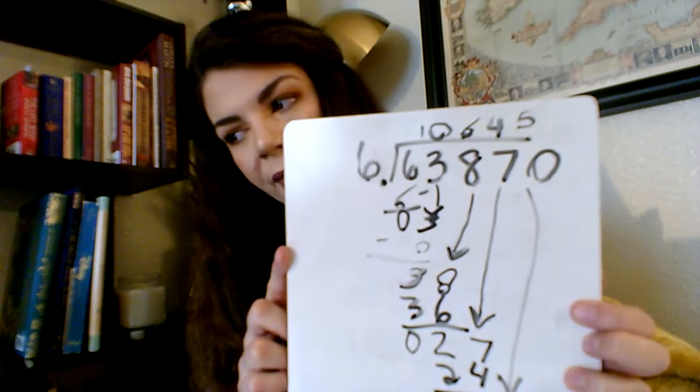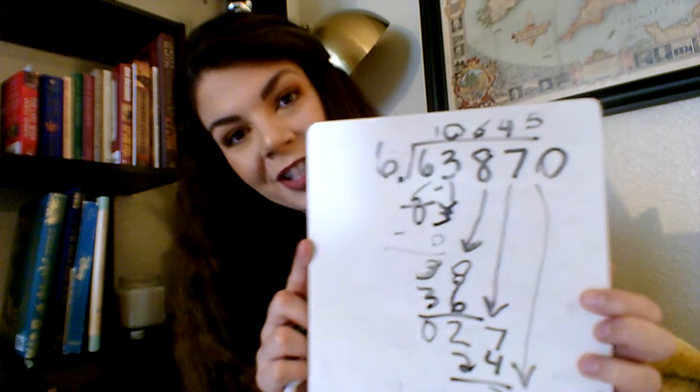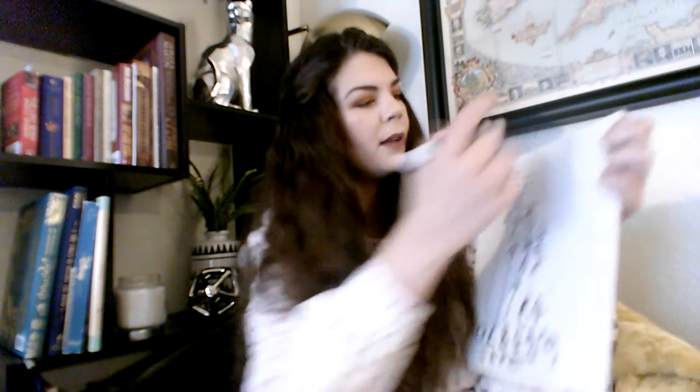Okay, now let's go ahead and check our answer. Our answer is 10,645 in my chicken scratch. All right, let's look at that. All right, I don't like you to erase, so I won't erase either. But let me move over here. 10,645 times 6.